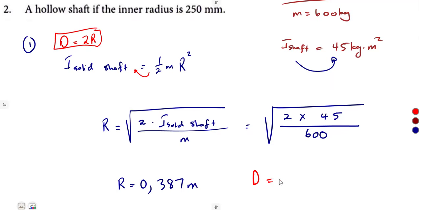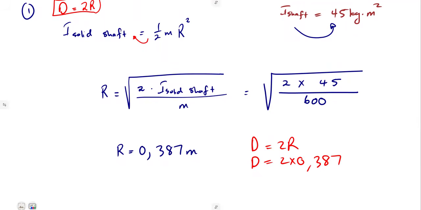Twice of that. So you see, guys, just a normal question that you are very used to. It's just a matter of doing more of the questions. That is just a repetition. So that's 0.774 meters. You can also express it in millimeters if you want, or just leave it as it is.